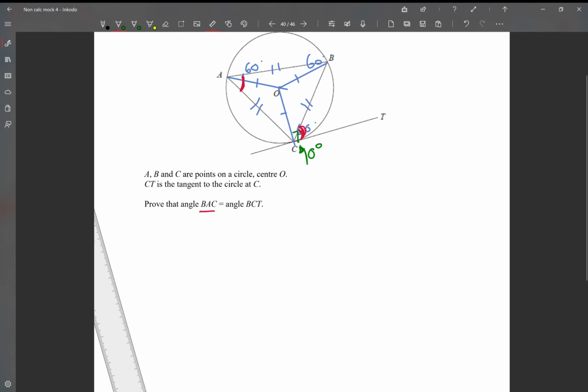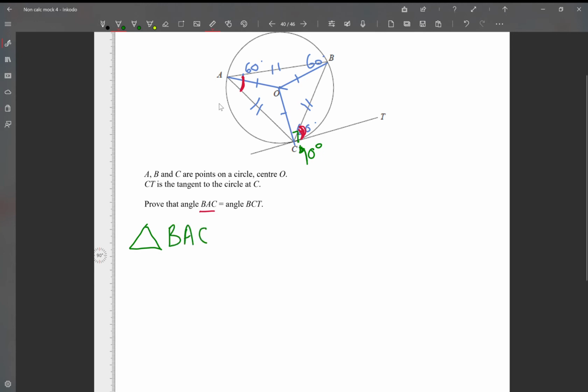Okay. So, how we would write all this, I've got all the information I need now on there. And now we need to start writing how we prove this. So, first of all, triangle BAC is an equilateral triangle.